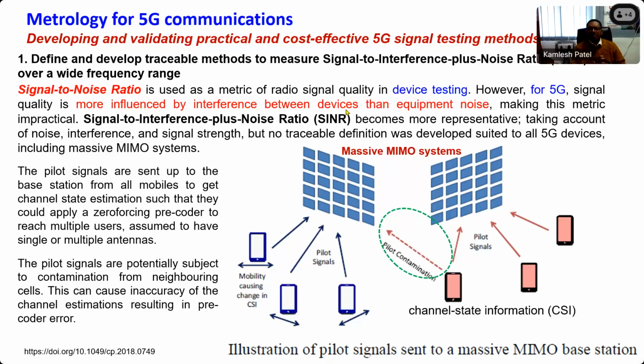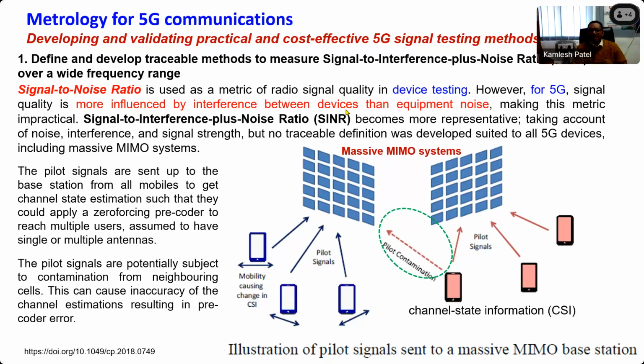But the problem with SINR was that it did not have any traceability when it was defined about 10 years back. So they started to develop the SINR parameter, and then looked for the traceability.